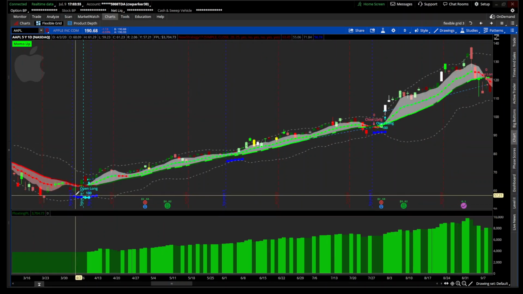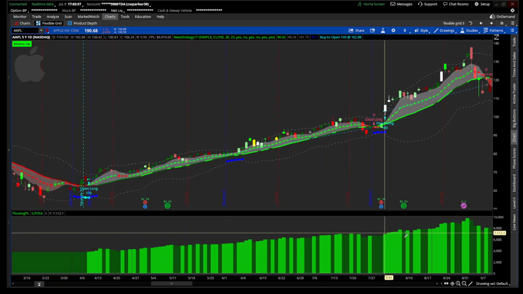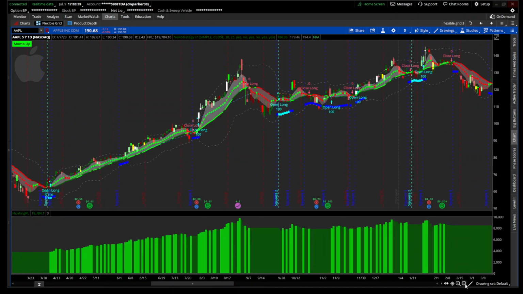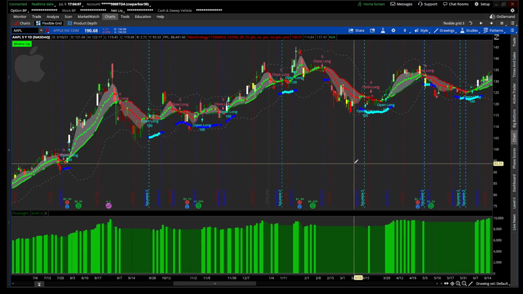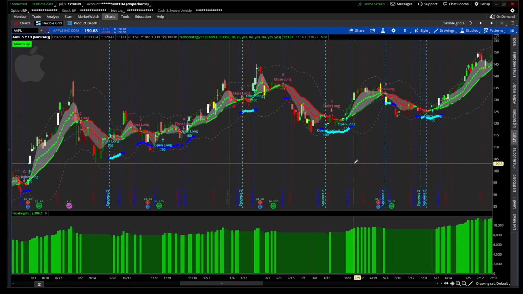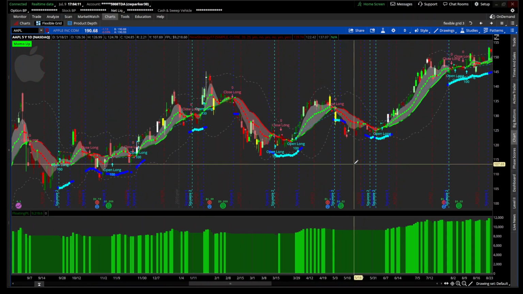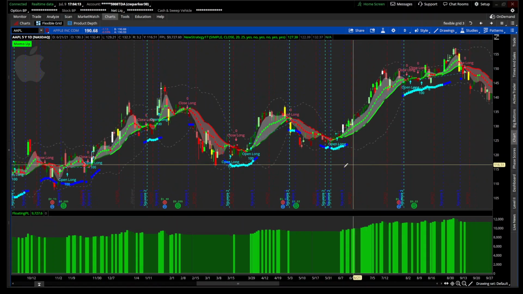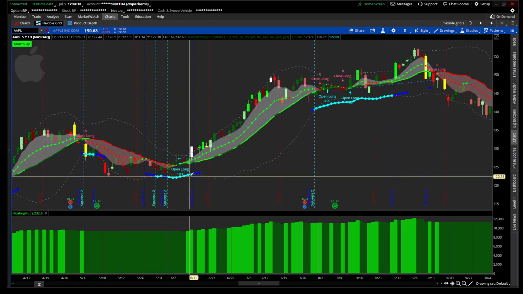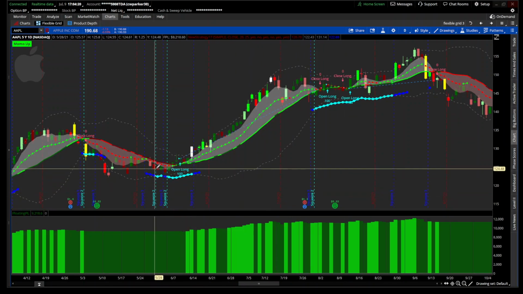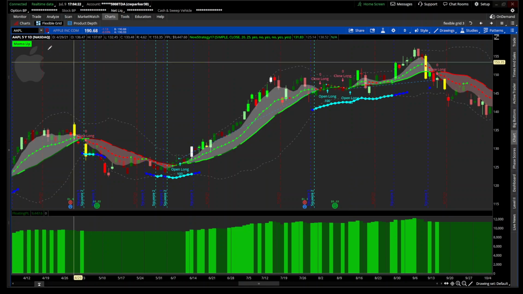Same situation here. You enter in this squeeze and price popped up. I'm pretty sure there are some areas where price popped down as well. But for the most part, this is the indicator, and those were the features.